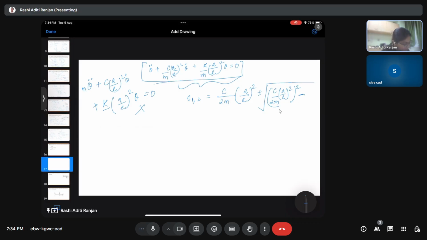It will give us k a by L square by m. This is going to be inside the under root.